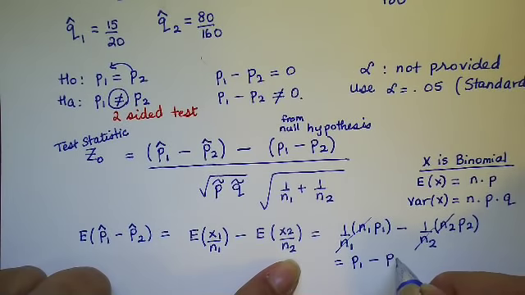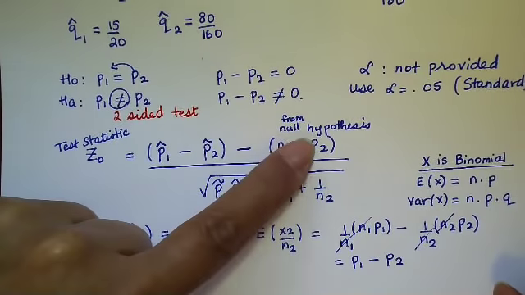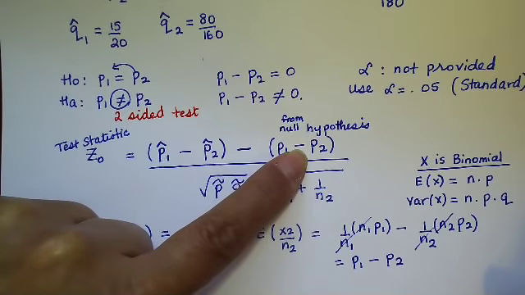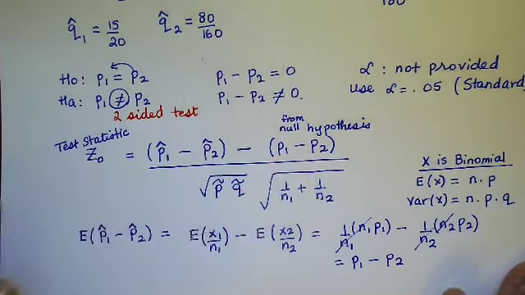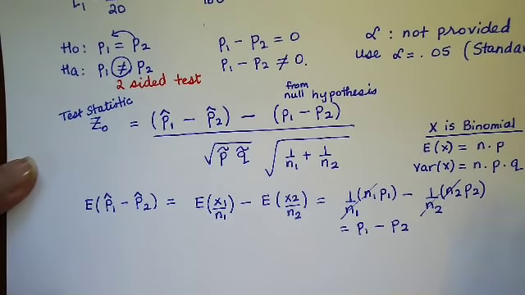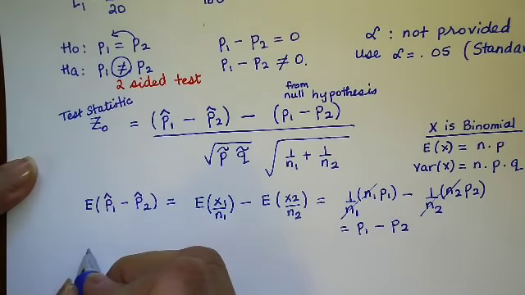So this n cancels with this n, and that n cancels with that n, and I'm left with p1 minus p2. That's where this p1 minus p2 right here comes from. This is the mean of p1 hat minus p2 hat.